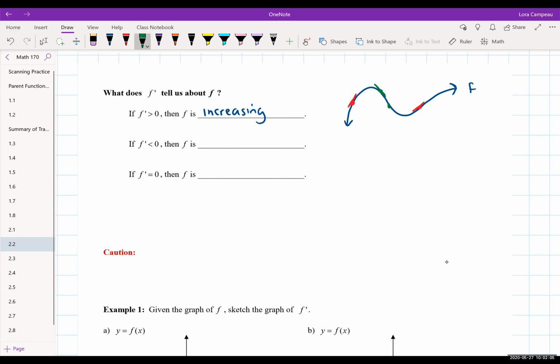We can see that sometimes it might not be decreasing at the same rate, but whenever the tangent line has a negative slope, that means the derivative at that point is negative. So that would imply that our function is decreasing for those values of x. And if you're decreasing, remember, as the x values get larger, the y values get smaller.